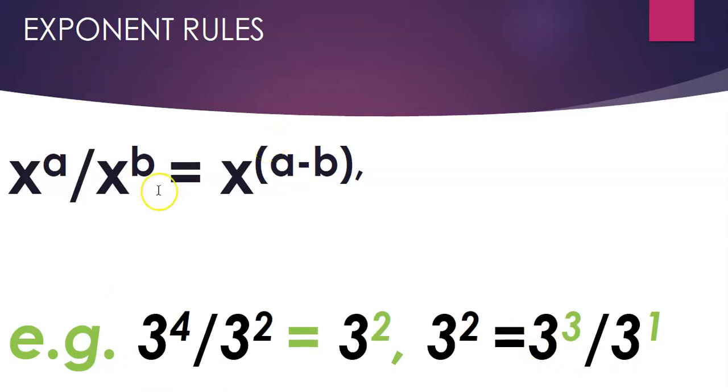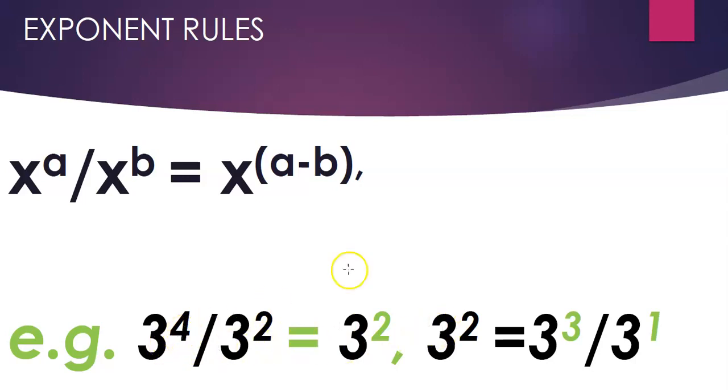Another rule here is when you have two powers and you're dividing one power by another power where the base is the same, then you subtract one from the other. You subtract the exponents. So if you have 3 to the power 4 divided by 3 to the power 2, then the rule of thumb is the answer is 3 to the power 4 minus 2.